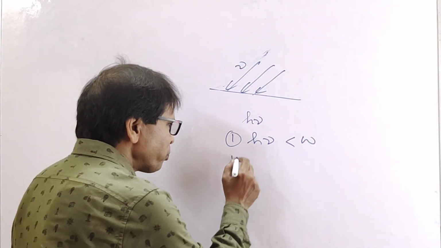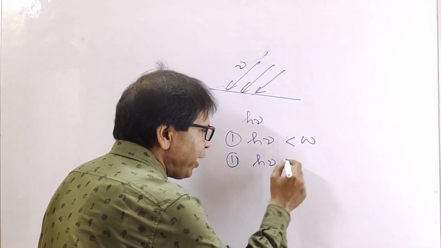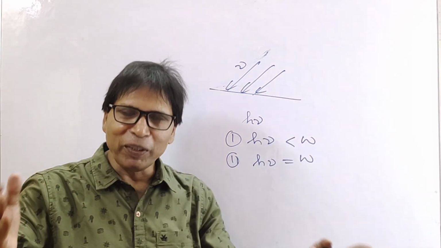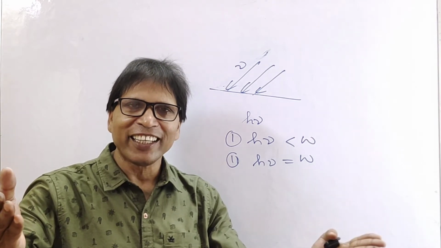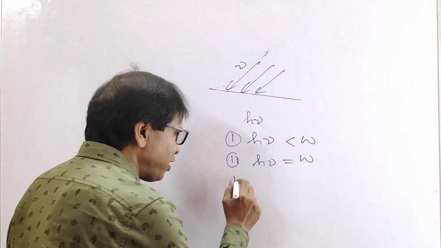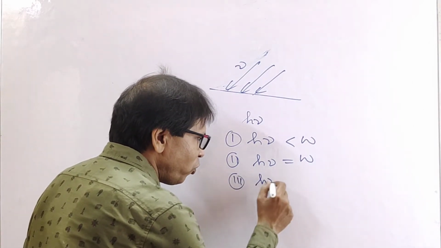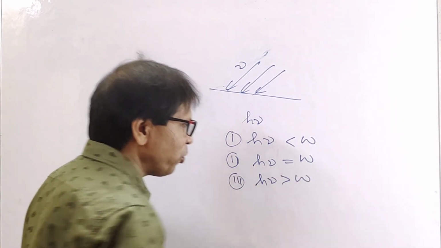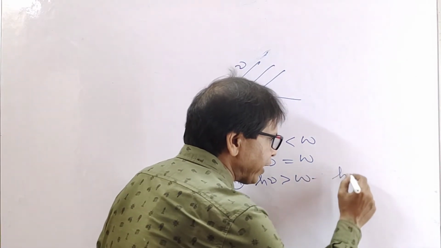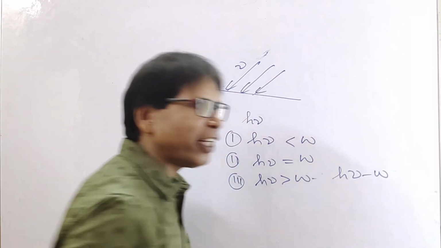Number 2, if h nu is equal to the work function of the metal, then emission of electron takes place with zero kinetic energy. And number 3, if h nu is greater than W, emission of electron takes place with maximum kinetic energy h nu minus W.